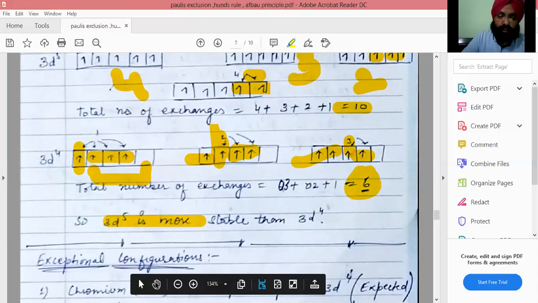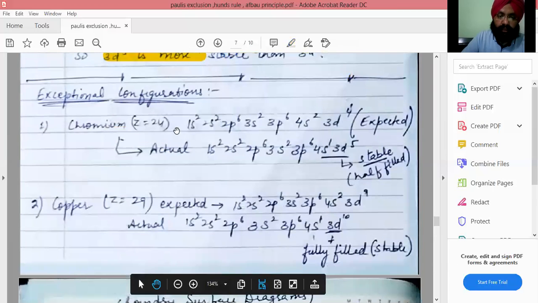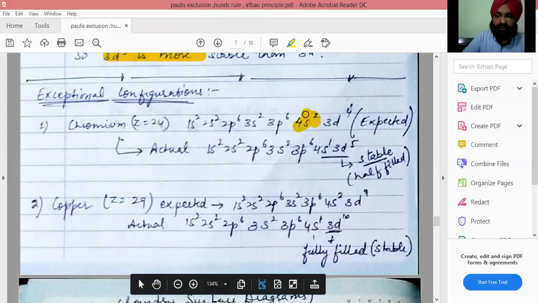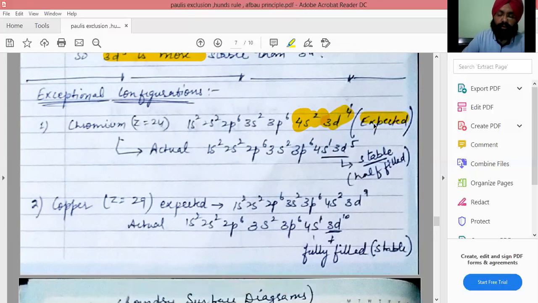Now the exceptional configuration of chromium, 24. The expected configuration shows 4s2 and 3d4. This is expected as per Hund's rule, as per the Aufbau principle, and as per Pauli's exclusion principle, filling orbitals from the lower energy level upward.